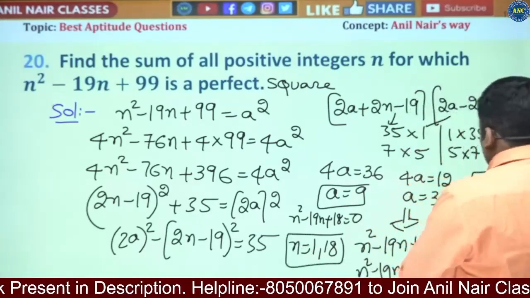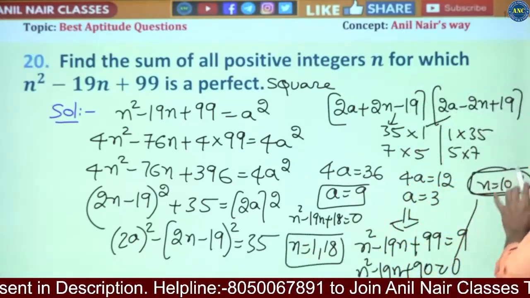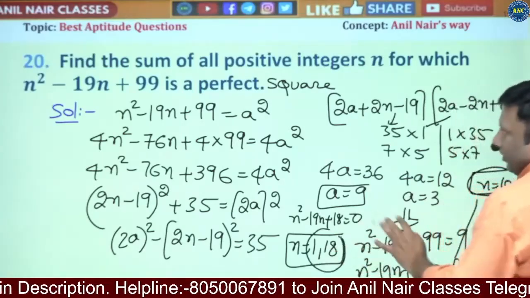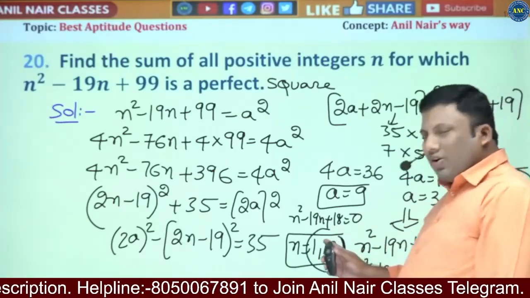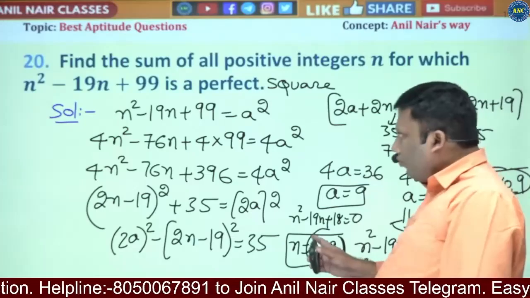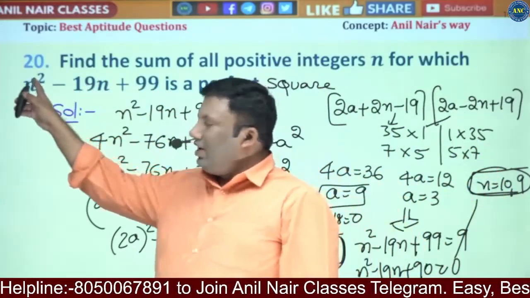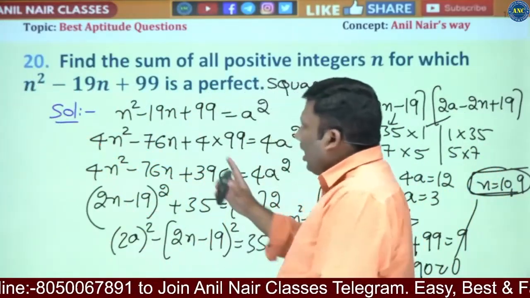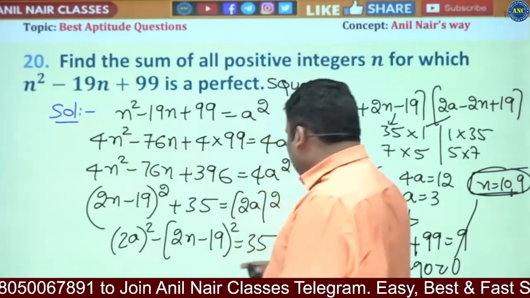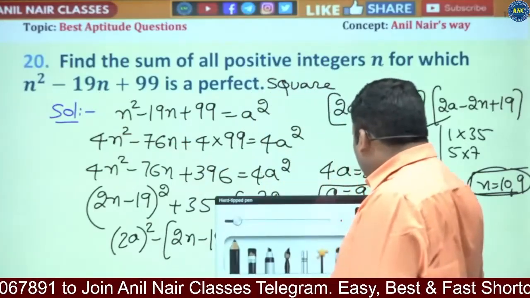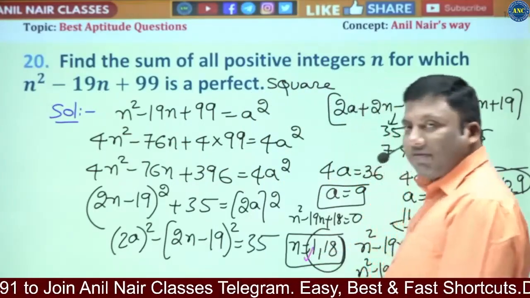So n equivalent to 10 comma 9, n equivalent to 1 comma 18. Please check whether it is a perfect square or not. 1 plus 99, it is 100. 100 minus 19, 81. It is a perfect square.